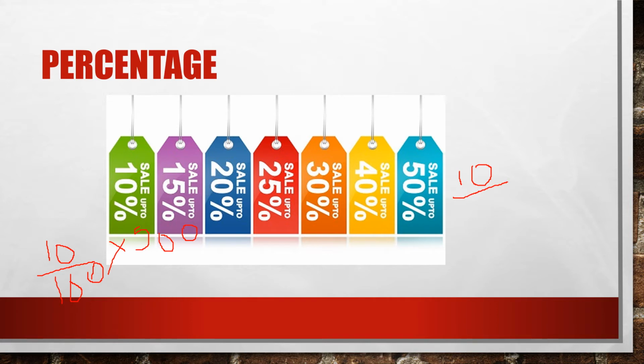Whatever marks you have got becomes your numerator, and the total marks become your denominator, and then we multiply it by 100, and this is how we get your percentage in that particular subject. Okay, so can you see the difference?